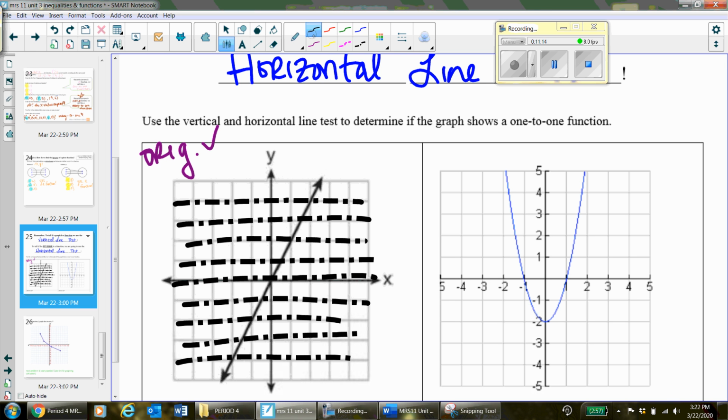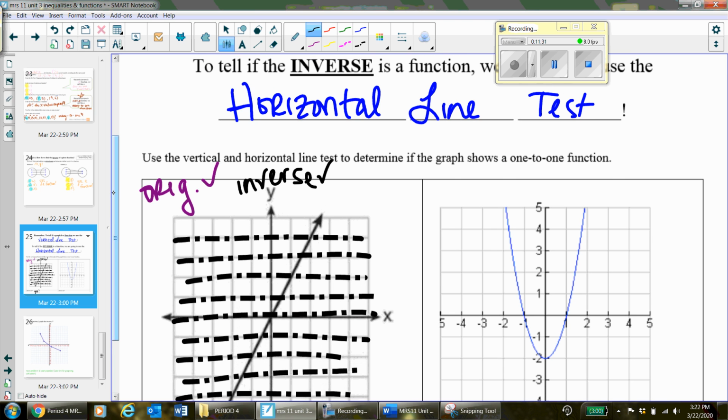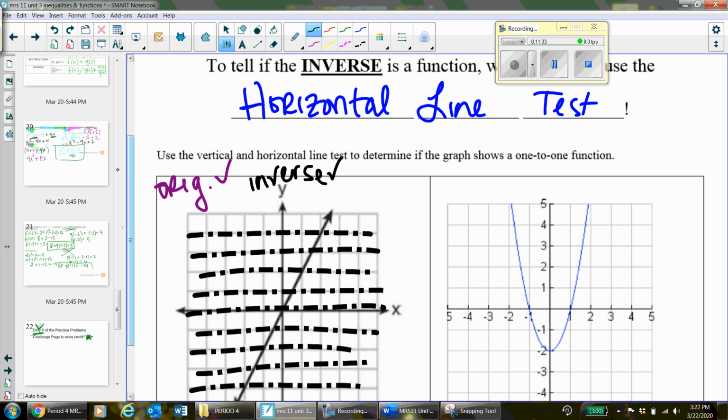So yes, it passes the inverse, because that's what the horizontal line test checks. The inverse is a function. So that means, yes, it's a one-to-one function.